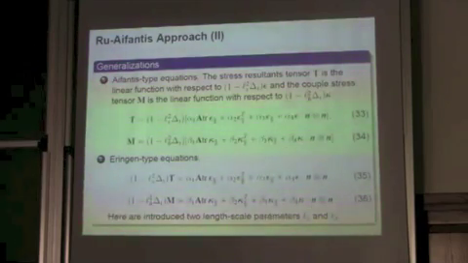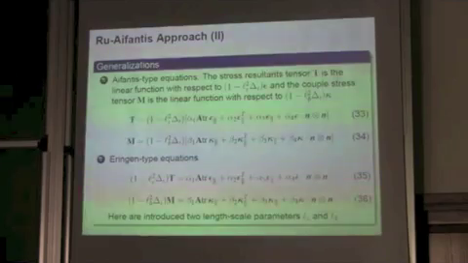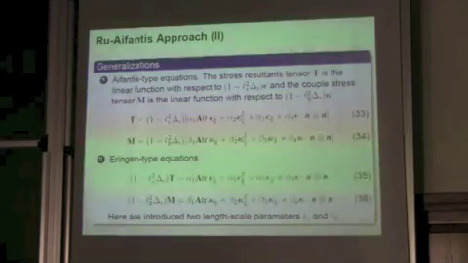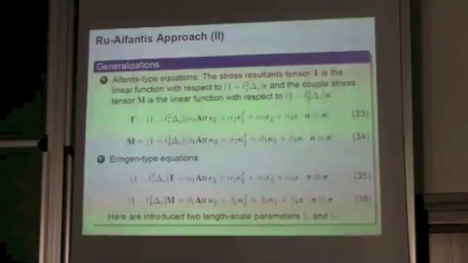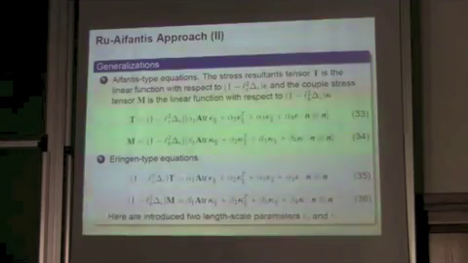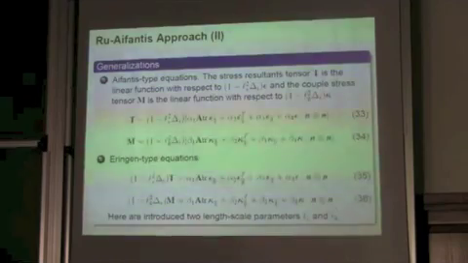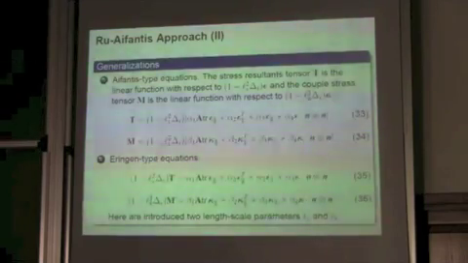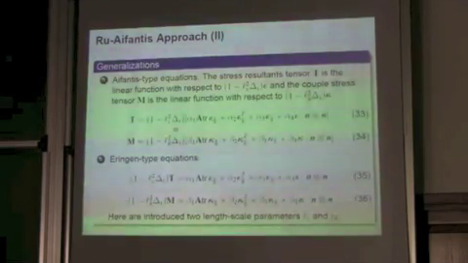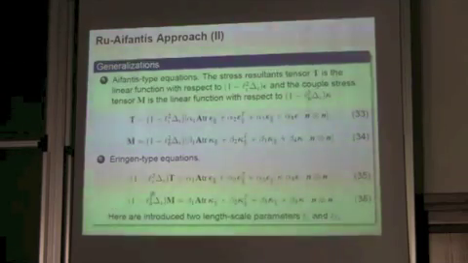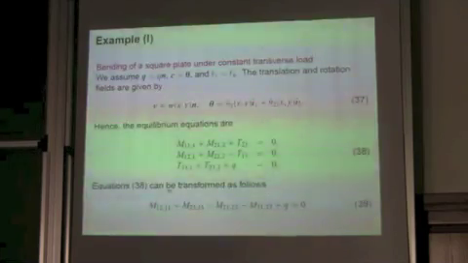This is in the first part of this slide, and you can also introduce such types of equation in the Eringen sense. So in the first case there were higher gradients for the strains, in the second case higher gradients for the stresses, and so you have the influence on the right hand side in the constitutive equations, or you have an additional part for the left hand side in the constitutive equations.